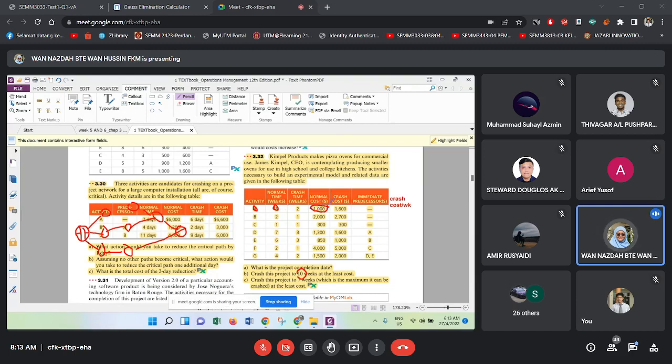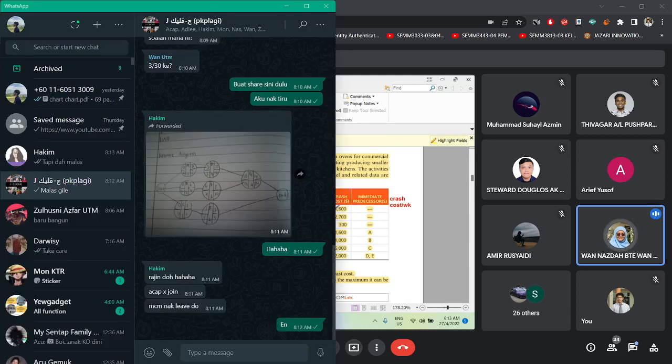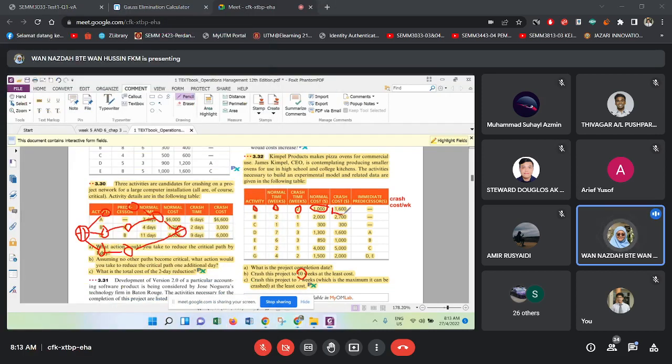If you want to reduce working time from 3 to 2, meaning that you shorten by 1 week, you need to add up more resources, like more machines, more labors and those kind of things. For adding up the labors and all the resources, you need to have the extra cost. So that is the reason why crash cost is always higher than normal cost.